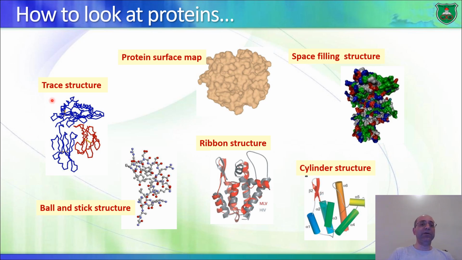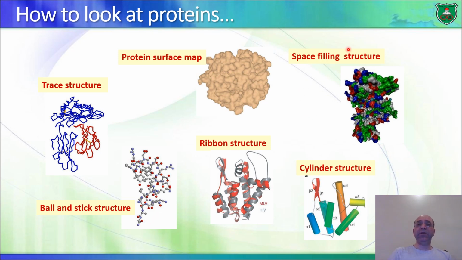You can have a simple structure that looks like this, a trace structure, whereby you just draw the backbone of the polypeptide. You can have ball and stick structure, where atoms are small balls, but you have their orientation, their angular orientation, exactly as they look like in 3 dimensions.